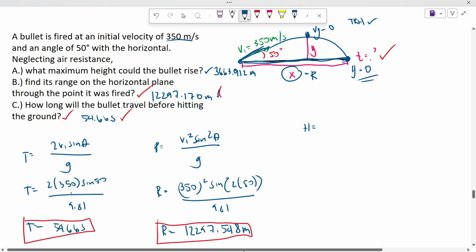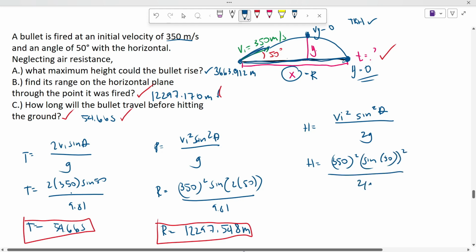So, let's find the height. The maximum height reached by the bullet: H is equal to VI squared sine squared theta all over 2G. So, 350 squared sine of 50 squared all over 2 of 9.81.